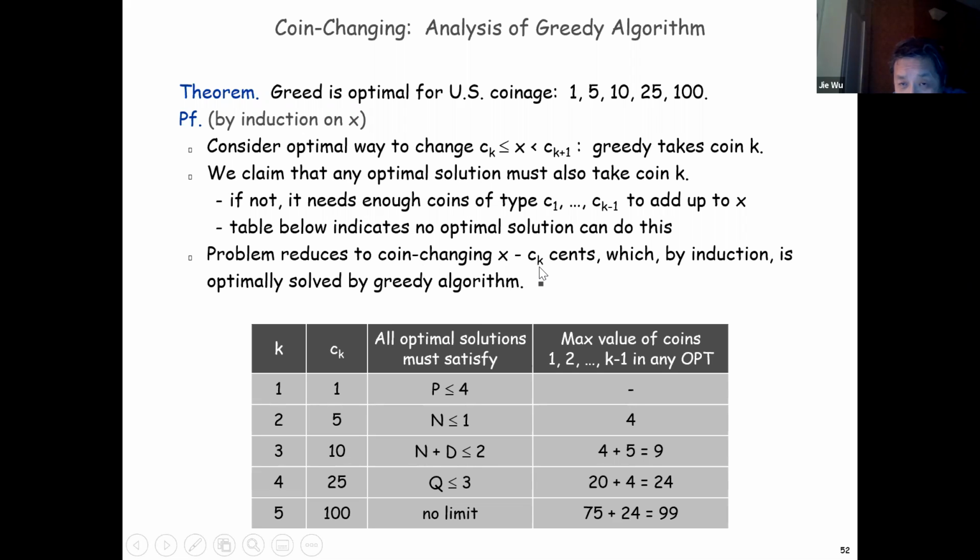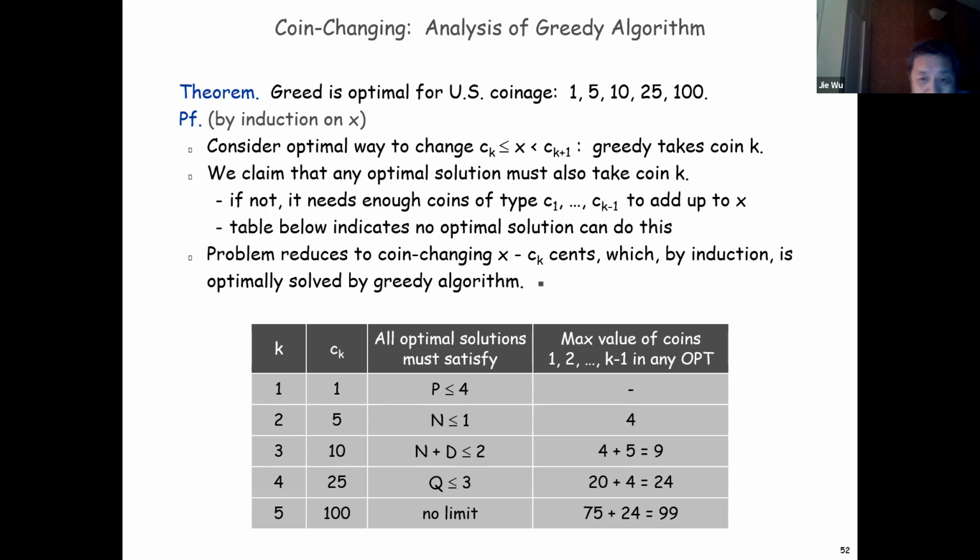Suppose you have to include ck. Now you include ck, then you need to deal with x minus ck, which by induction is already optimally solved by the greedy algorithm. So this is how you do it, like a backward. You pick any range, you subtract ck, then the number becomes smaller. But based on the induction assumption, all the smaller ones are already proved optimal.